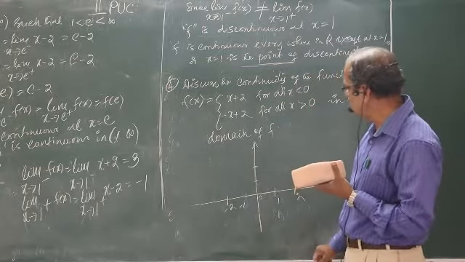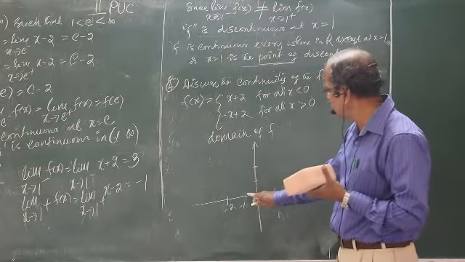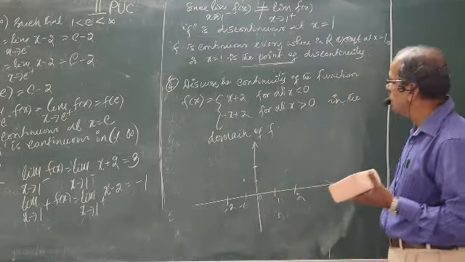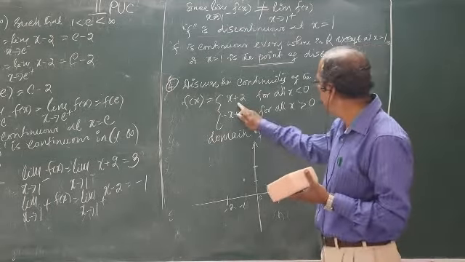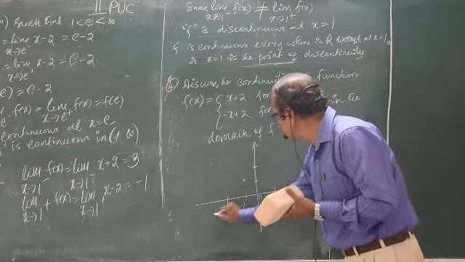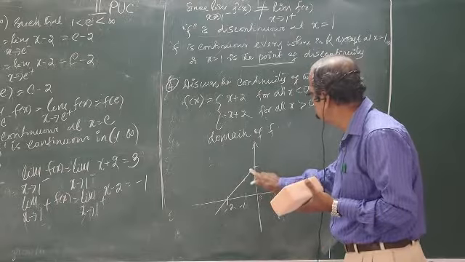At minus 1 it is 1, a straight line, but you must not include x equal to 0, so a dotted line.